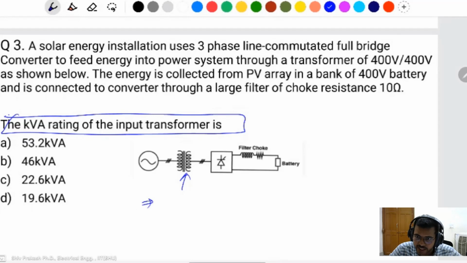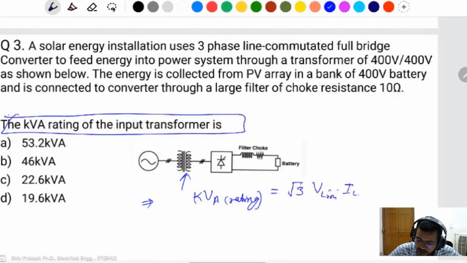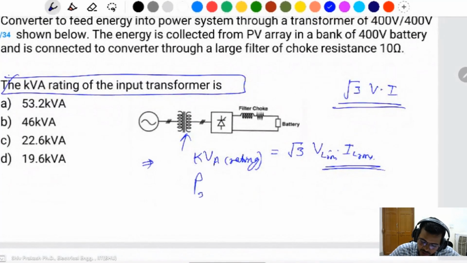First of all, what is the KVA rating of any transformer? KVA rating of transformer, you know about root 3 V RMS line, VL line RMS into IL line RMS, root 3 V into I. And power, three phase power, all of you know about three phase power, root 3 V into I into cos phi.